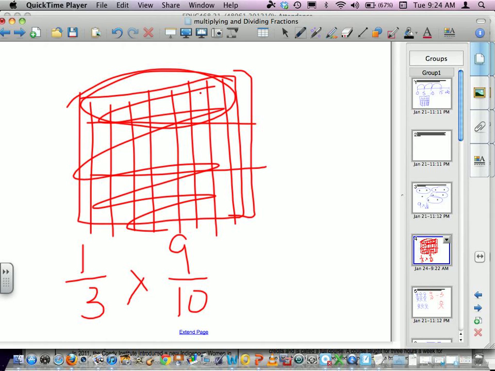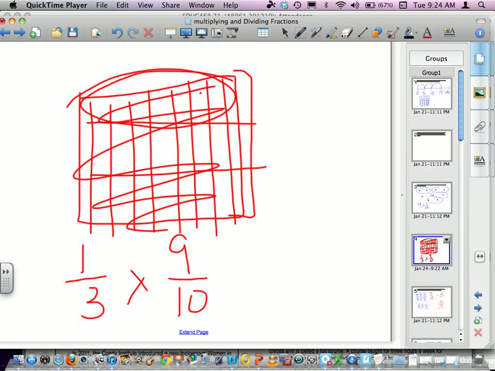If I had to share something in 4 equal groups, I could take 1/4 of that quantity and put it in each group. Now the question is, does that work when I'm dividing by a fraction? And how do I figure out what that other fraction is?